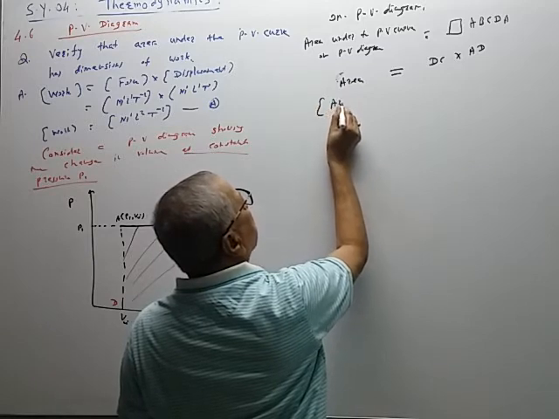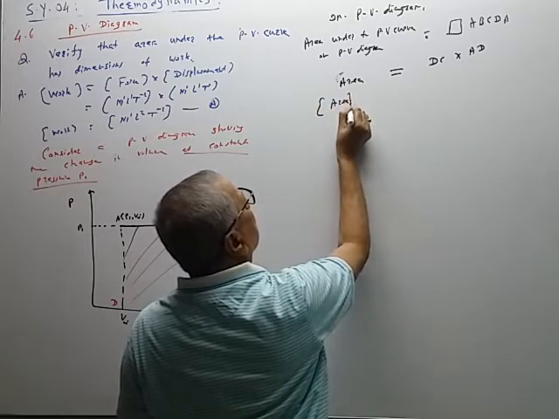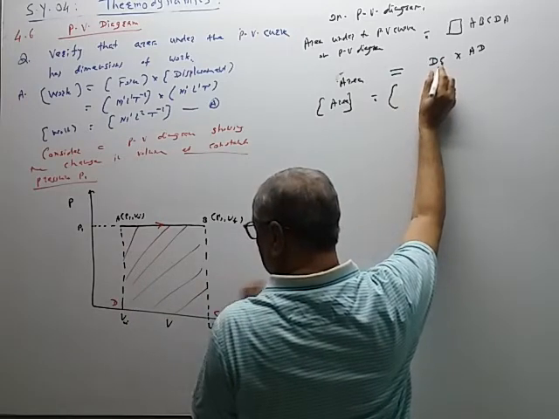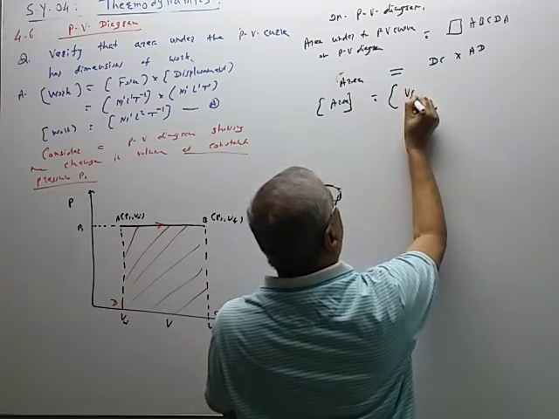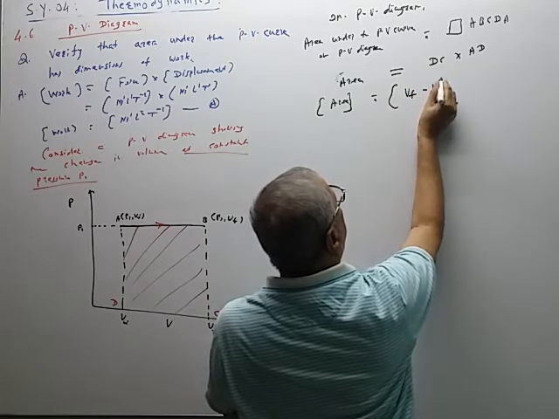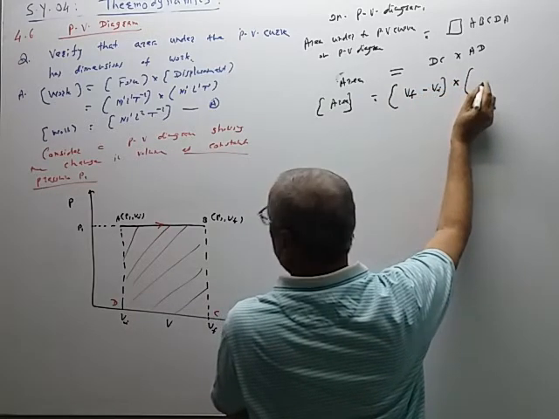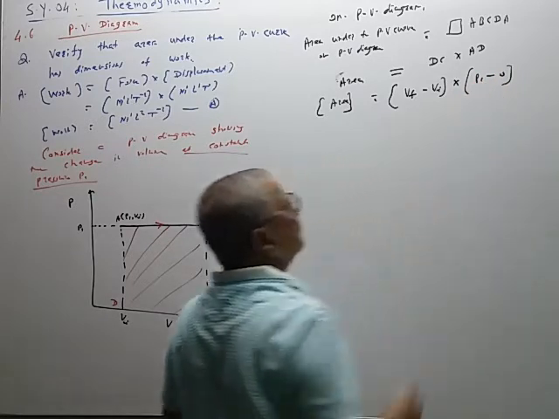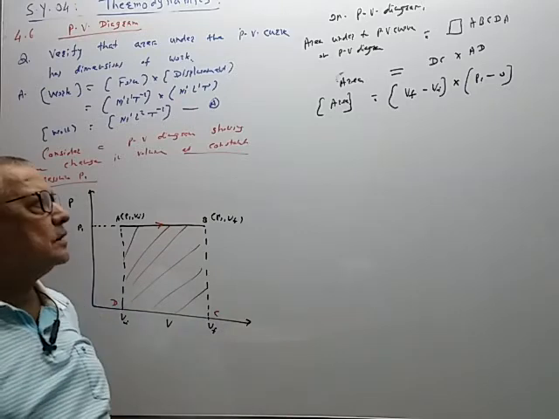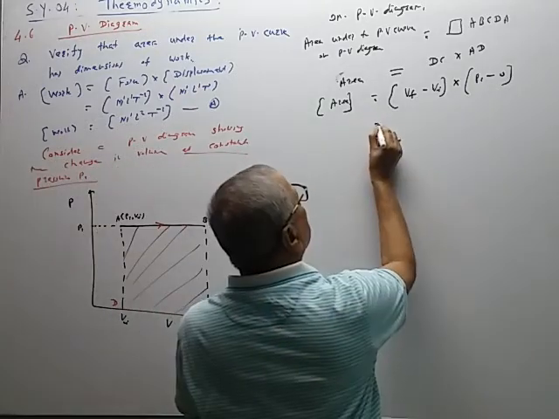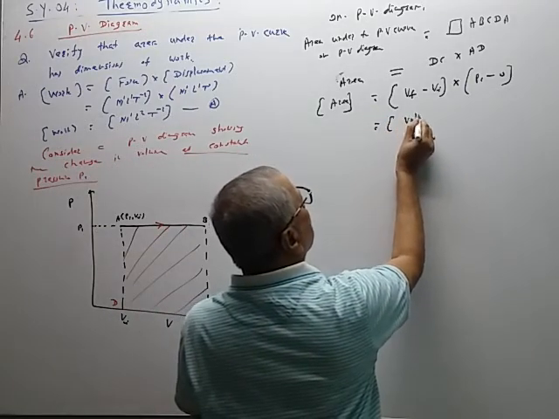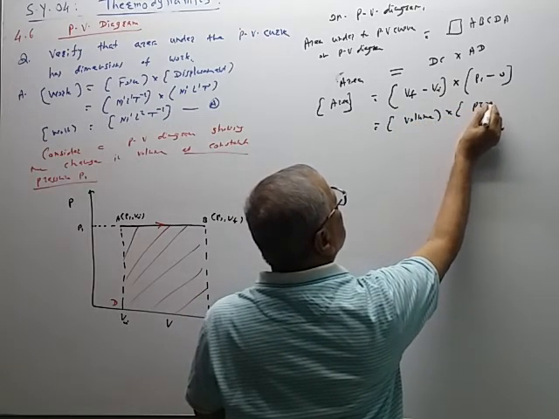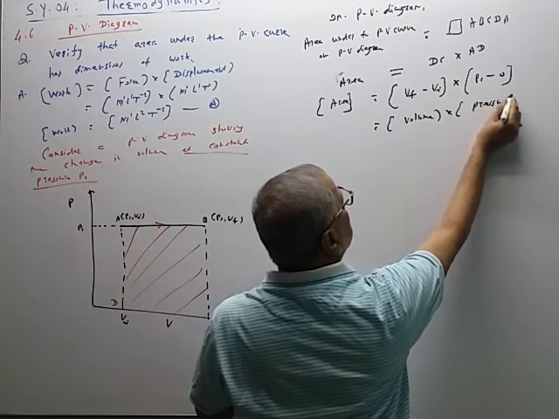So dimensions of area is equal to DC, DC means this Vf minus Vi, multiplied by AD, AD means P1. So the equation is written in dimensions like this. So this is the dimensions of volume, change in volume, and dimensions of pressure. Change in pressure and pressure both have the same dimension, we know that.